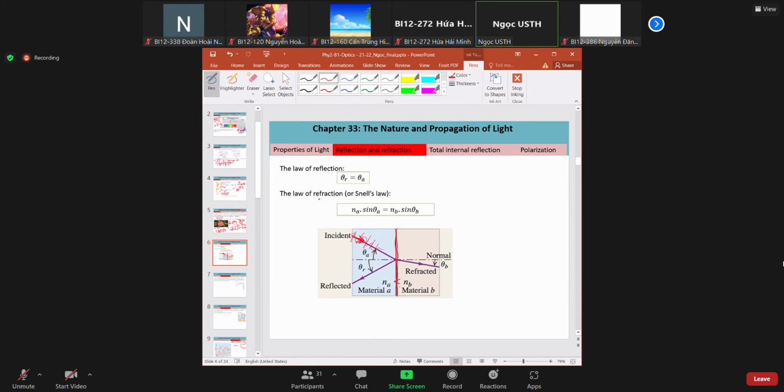For the law of refraction, in my course for EM2, maybe for the AMS and EPE students, they will learn more deeply about this, and I can explain and prove why we have these equations by using the boundary conditions.